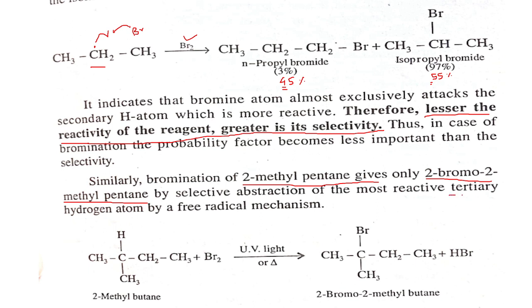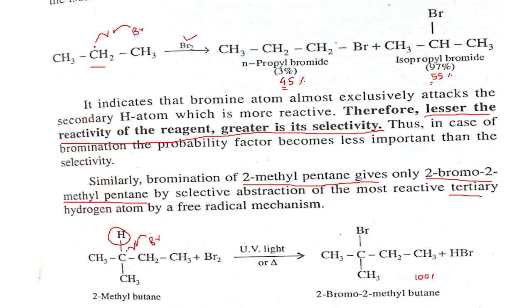the tertiary hydrogen atom abstracted, and the radical generated from the tertiary hydrogen is the tertiary radical. And you know, the tertiary free radical is the most stable radical. Then the bromine radical is also a more stable radical. So this more stable radical reacts with the more stable radical, and the product associated with this, 2-bromo-2-methyl butane, we get in 100% yield.